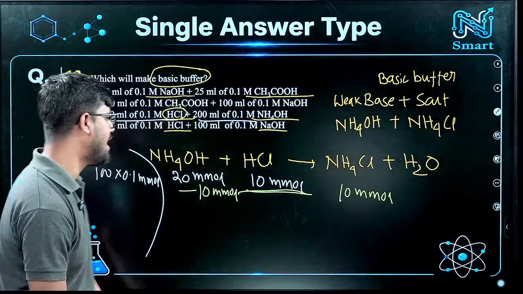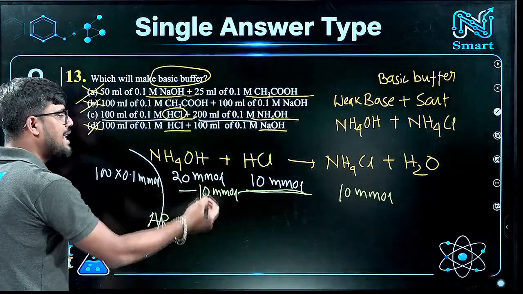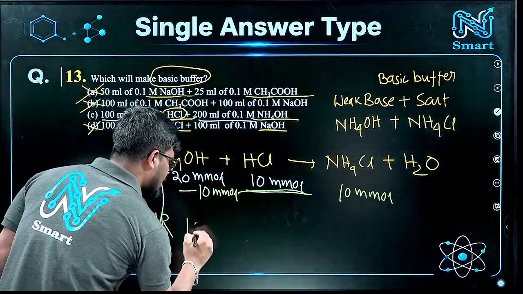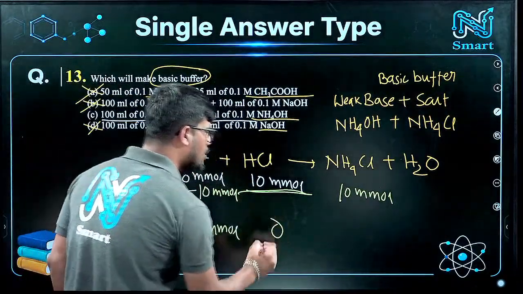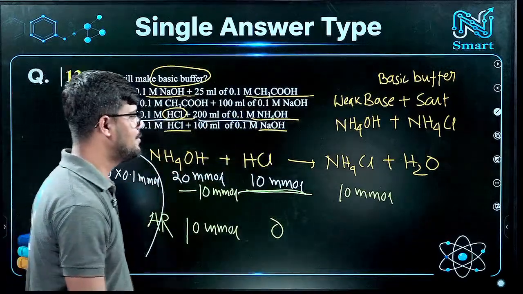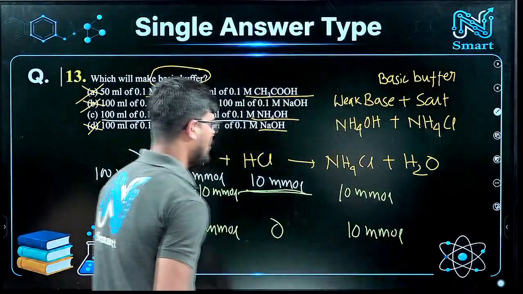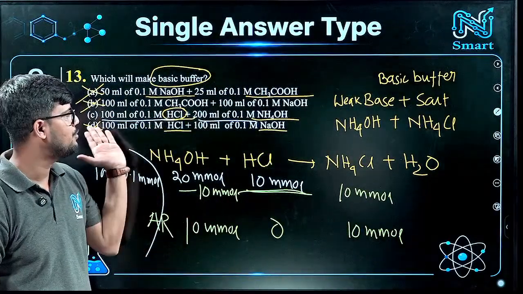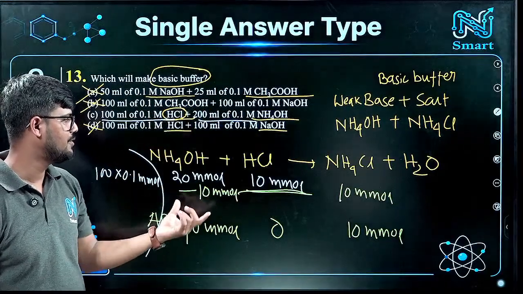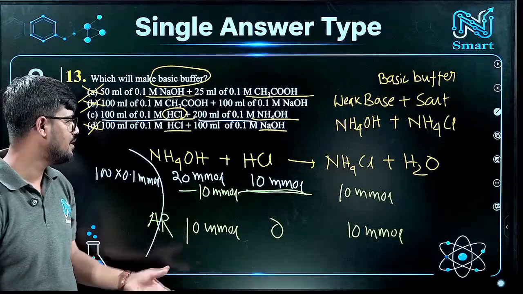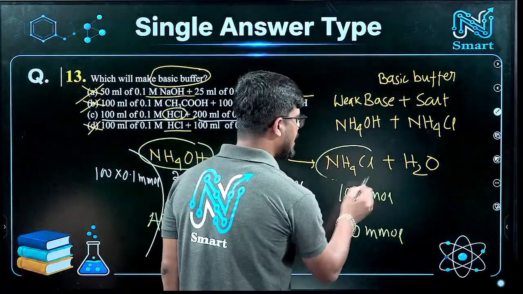So that means after reaction, what is the mole number of NH4OH? 10 millimole. What is the amount of HCl? 0, because all HCl is converted to NH4Cl, and NH4Cl is 10 millimole. So at the end of the reaction you have NH4OH 10 millimole and NH4Cl 10 millimole.